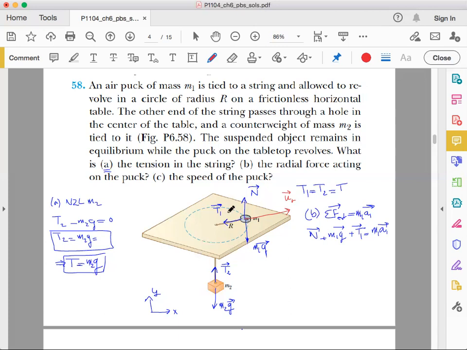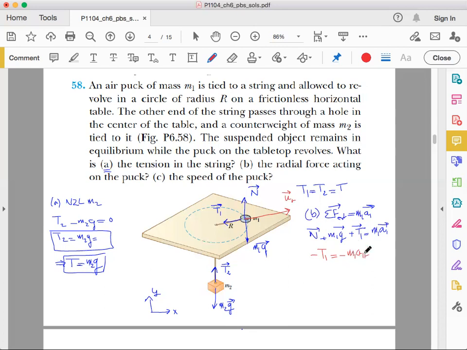We are only left with the projection of T1 onto the radial direction, and so we end up with minus T1, because it's opposite in direction to this axis, equal to minus m1 a1R, where a1R is the radial acceleration of the puck of mass m1.